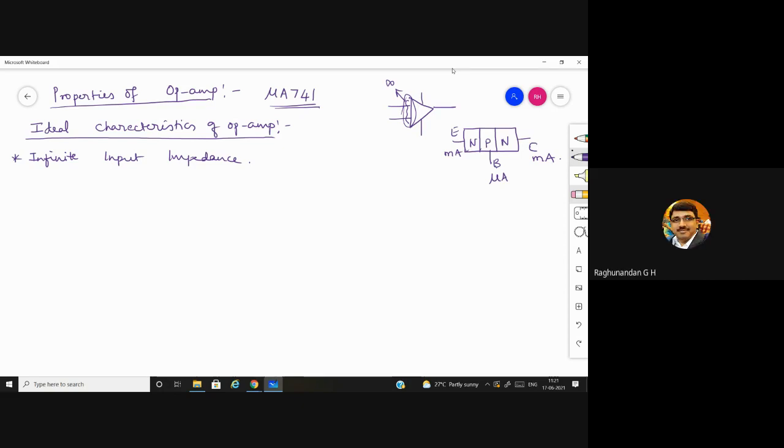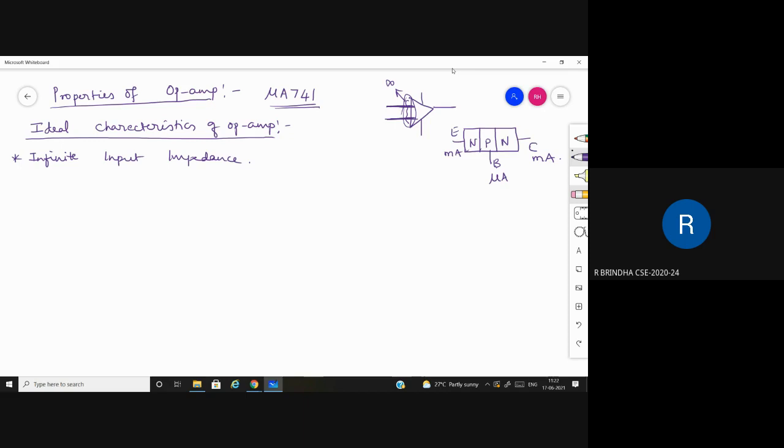When the base current is in microamperes, obviously, when current is less, resistance will automatically be more. Coming back to this op amp, where are these terminals going? Base only, right? So when they are going to the base, I gave the hint, the current will be very less.